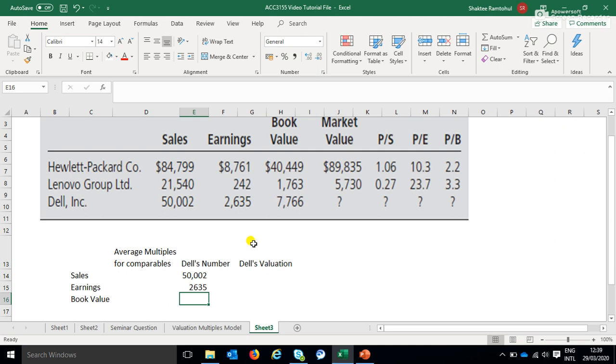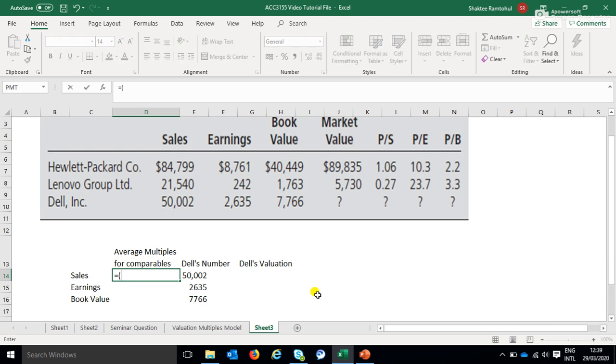And we also have the book value, 7766. Here are all the figures from the question. Now, what we don't know is the figures here in question mark. So how do we use, first of all, the price to sales ratio?